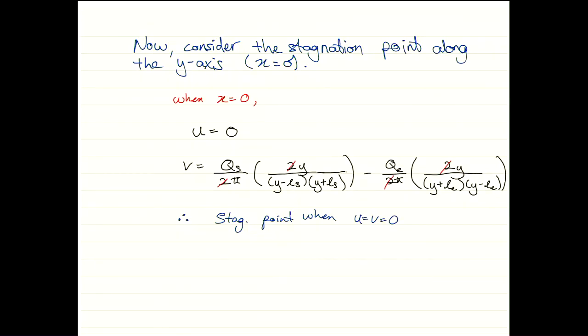And from our equation for v, you can see that our stagnation point occurs when 0 equals QS over pi times y over (y squared minus LS squared) minus QE over pi times y over (y squared minus LE squared).